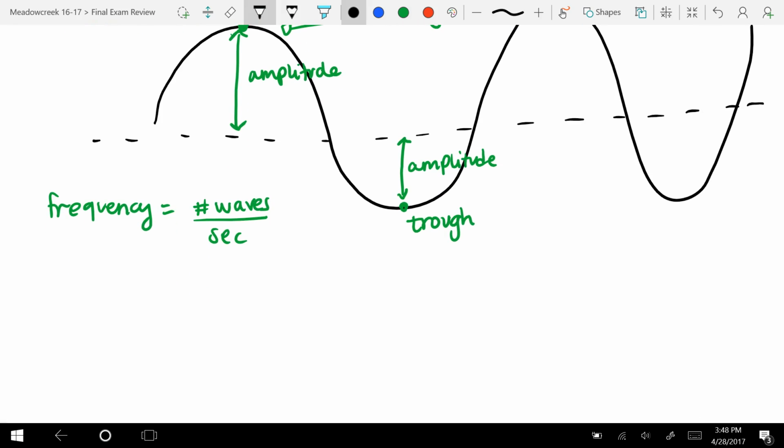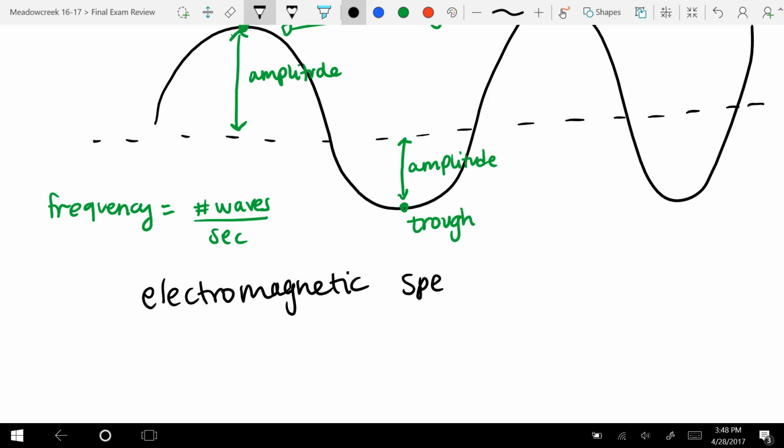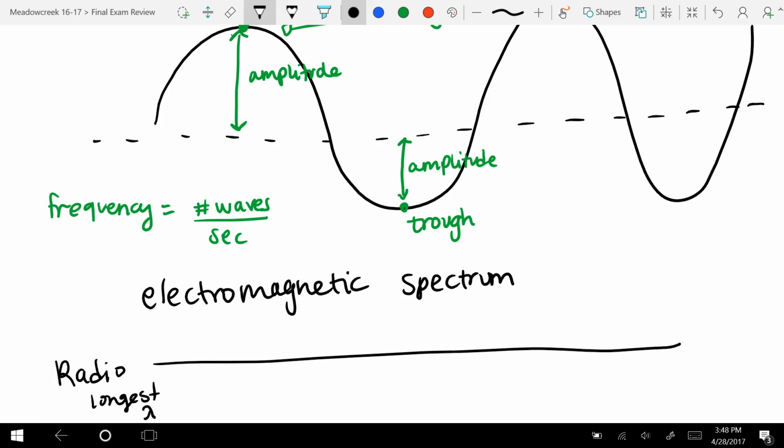And this ends up creating this thing called the electromagnetic spectrum. With this electromagnetic spectrum, it's basically how energy as light exhibits that wave-like behavior. It goes from the radio waves, which have the longest wavelength and the lowest frequency, all the way to gamma rays.